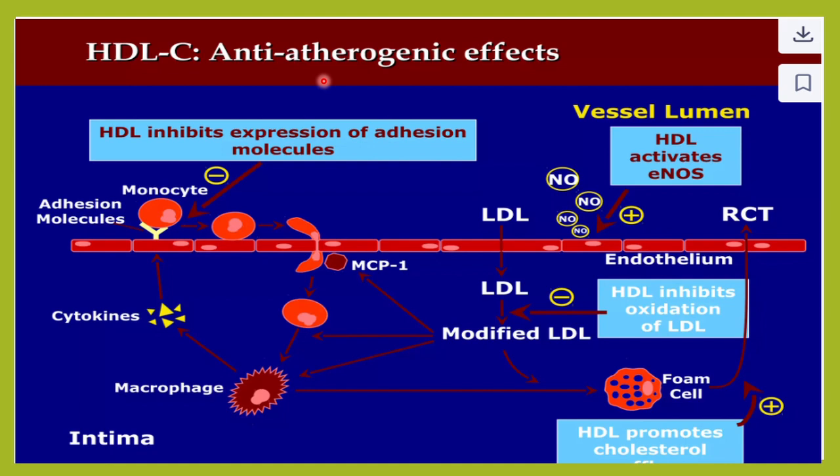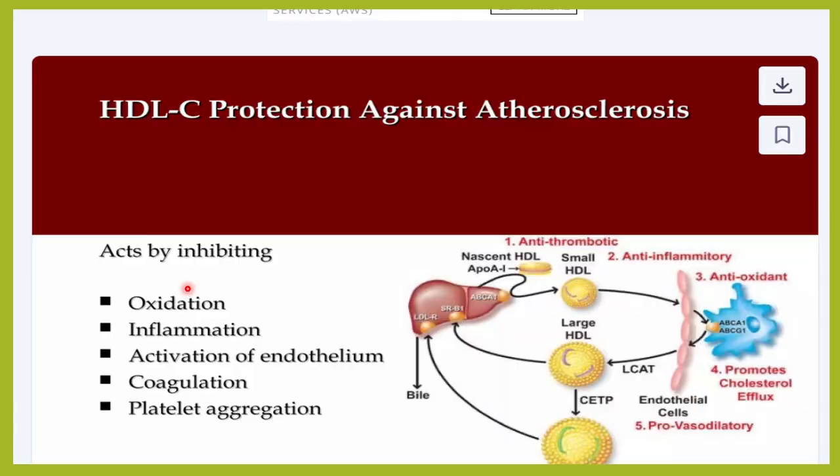This HDL has an anti-atherogenic effect. One is that it will prevent inflammation also. It will inhibit the expression of adhesion molecules, so that monocytes, the inflammatory cells, don't adhere here, and it will also inhibit the formation of foam cells, and that is how it will prevent atherosclerosis.